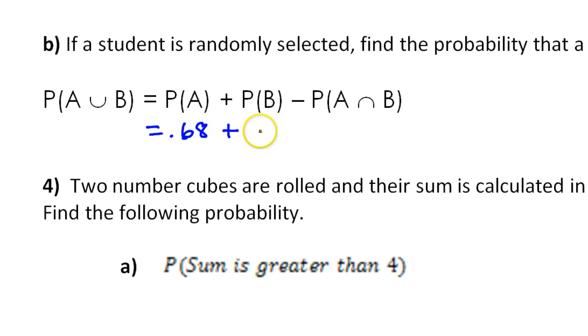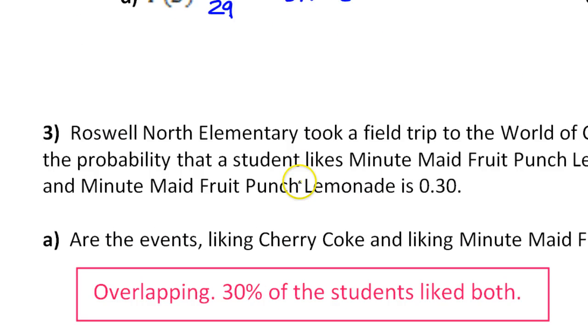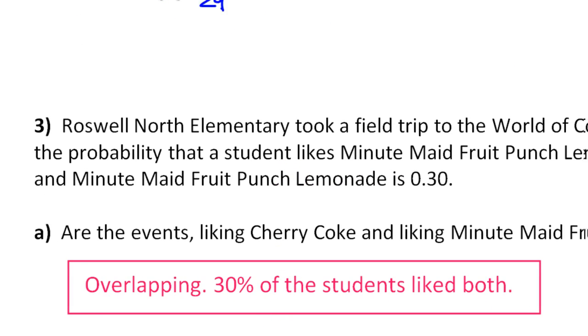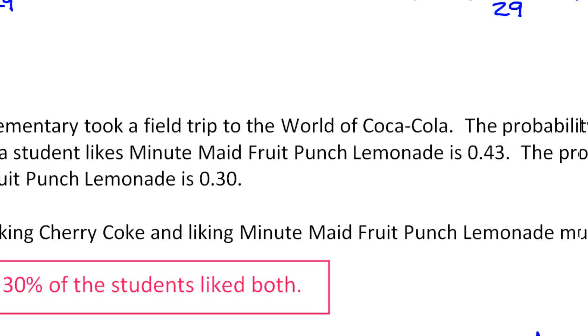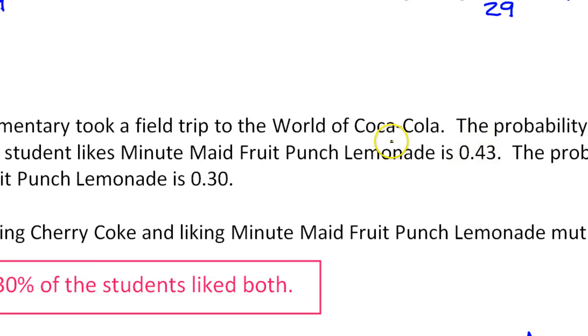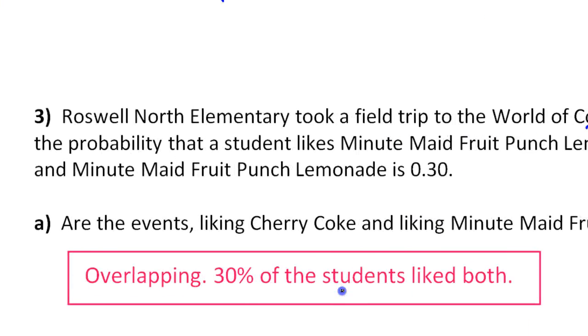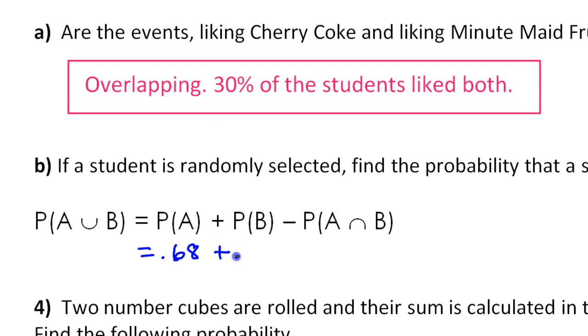Now, do we have the probability of liking Minute Maid? The probability that a student likes Minute Maid Fruit Punch Lemonade is 0.43. So this is our event B, and that's 0.43. Now we're supposed to subtract the overlapping part.